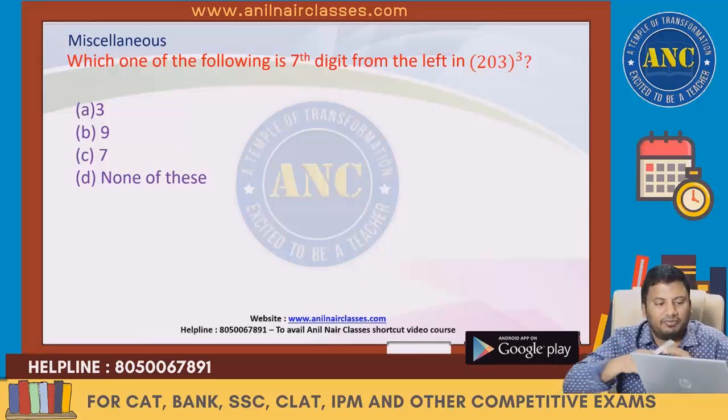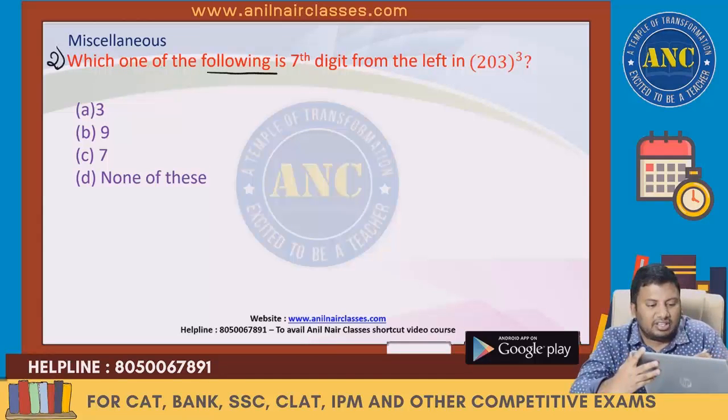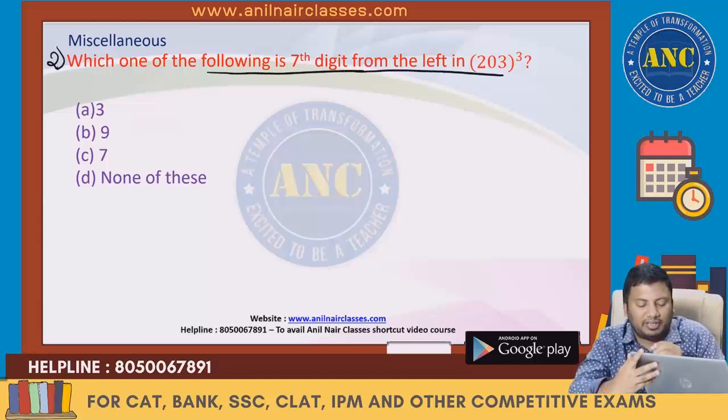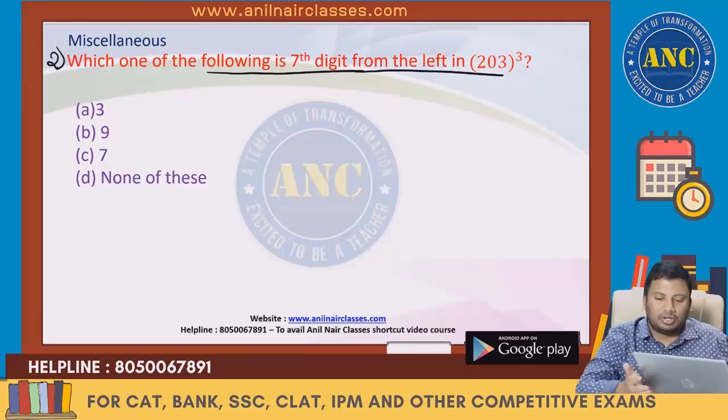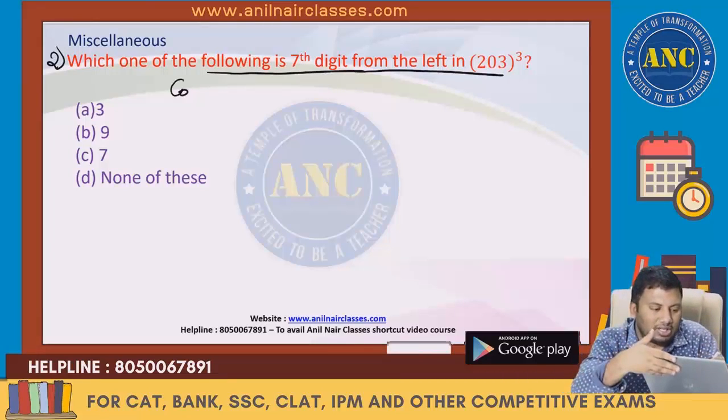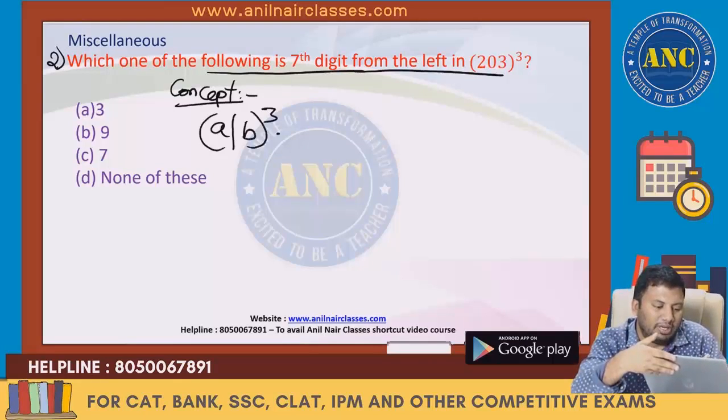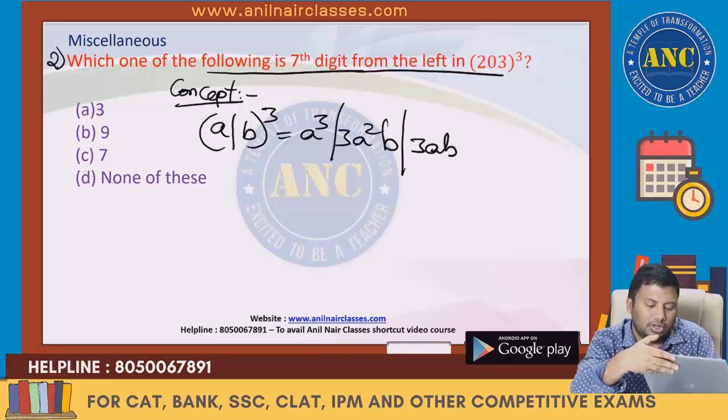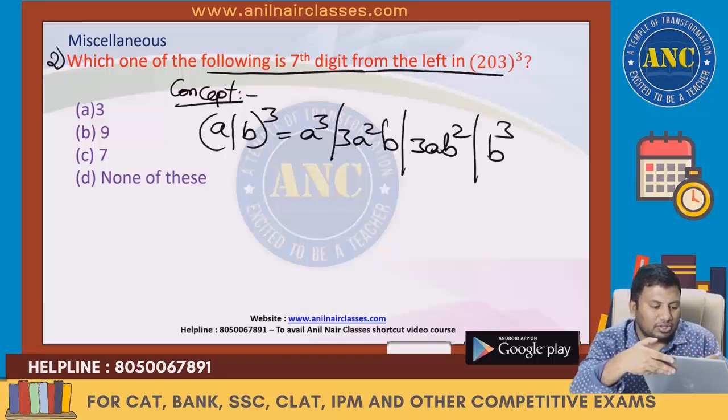Second question. Which of the following is the 7th digit from the left of 203 whole cube? Concept: (a plus b) whole cube is a cube plus 3a square b plus 3ab square plus b cube. So here b is taking the unit digit.